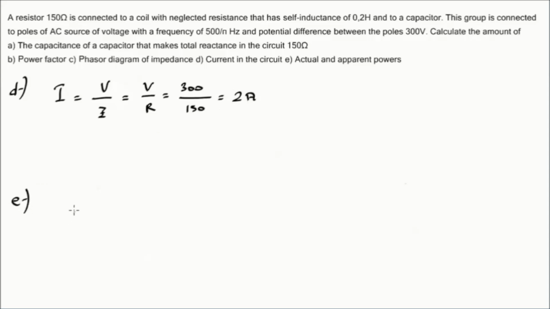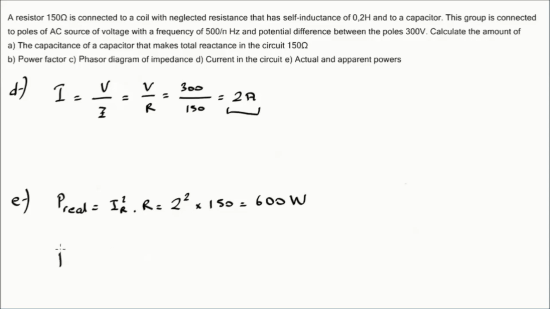And E says calculate the actual and apparent power. Actual power means P real. P real equals I squared times R. We calculated the current, it is 2 ampere. 2 squared times R, which is 150, equals 600 watt.